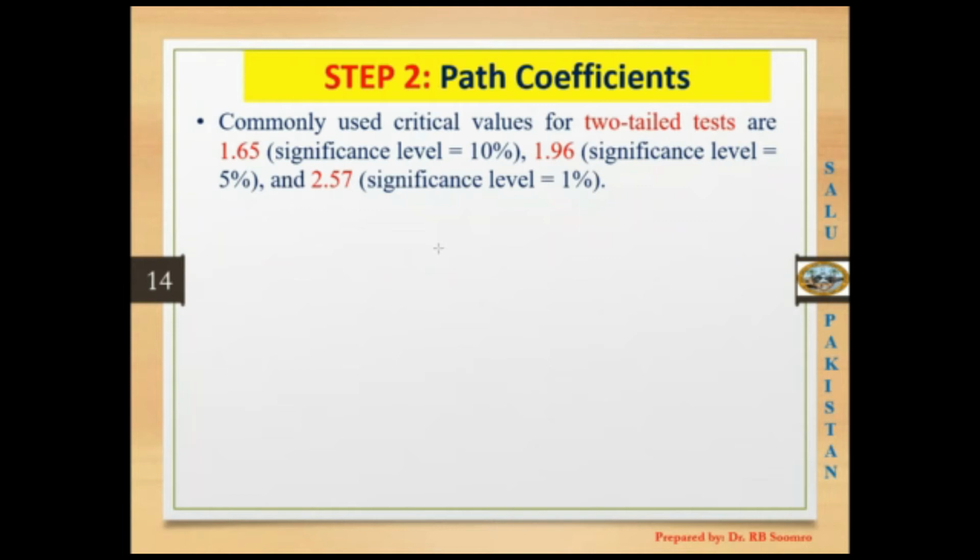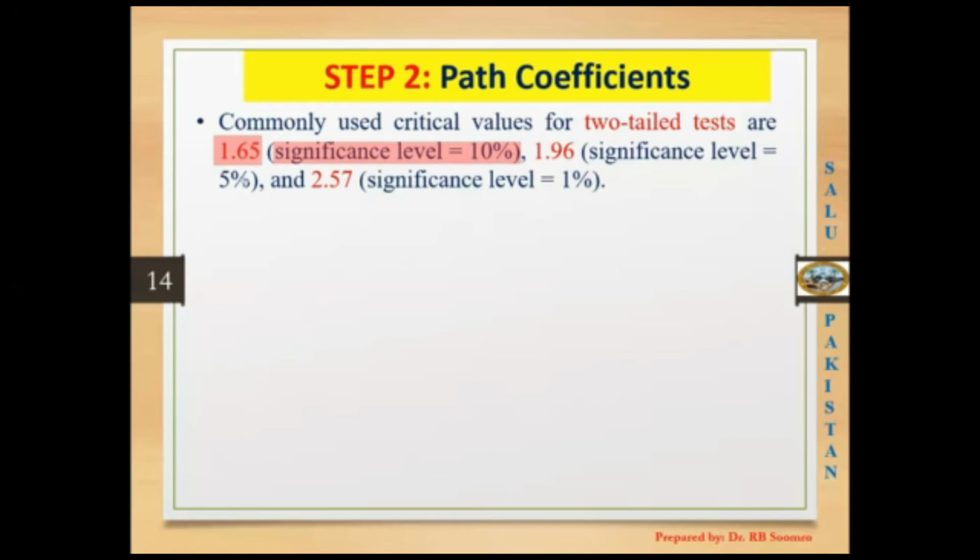Now, for example, our hypothesis is a two-tailed hypothesis. Normally H0 and H1. So when we have the two hypotheses, H0 and H1, this is called the two-tailed test. In this one, when our significance level is 10%, the minimum t value should be 1.65. If the t value is higher than 1.65, that means our relationship is significant.